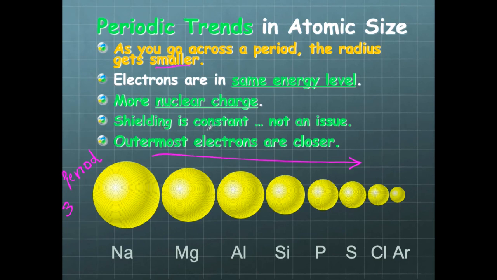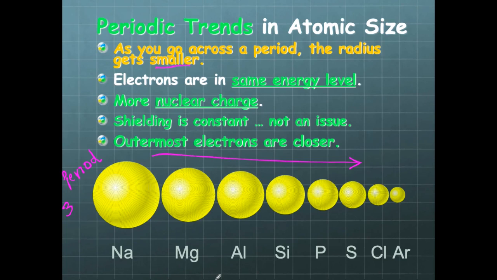And because of that, the hold of the nucleus on its outer electrons is increasing as we move across the period. And since the hold of the nucleus is increasing, it's able to pull its electrons closer to itself and shrink the size of an atom.